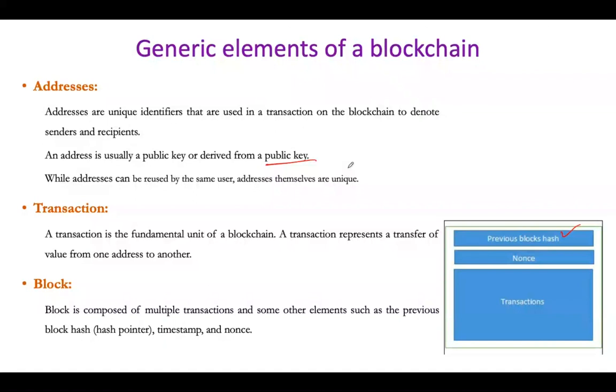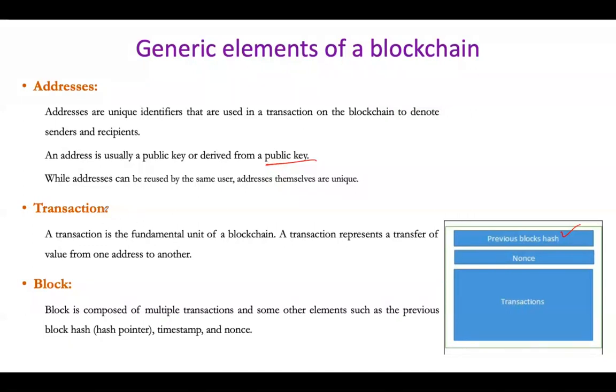As a good practice, it is suggested that users generate a new address for each transaction in order to avoid linking transactions to a common owner, thus avoiding the identification.